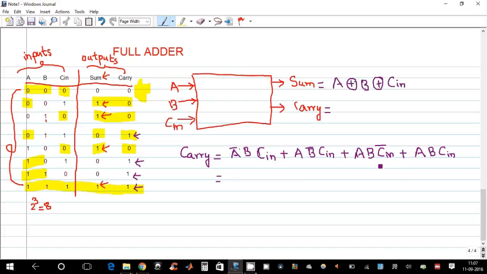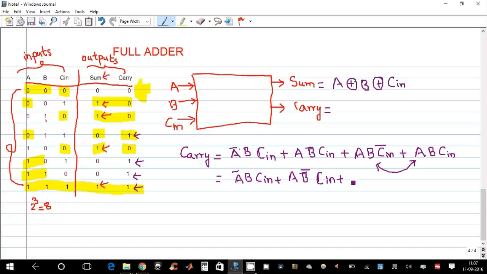Let's take A and B common, as A and B is common between these two expressions. We will take that as common and write the remaining expression as it is: A bar B C in plus A B bar C in.